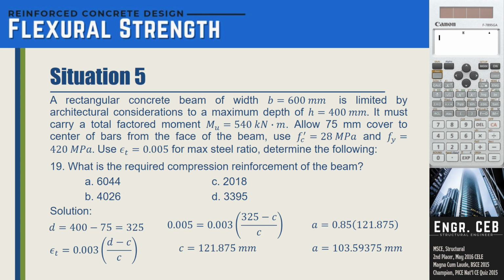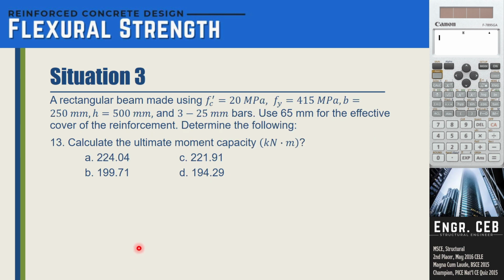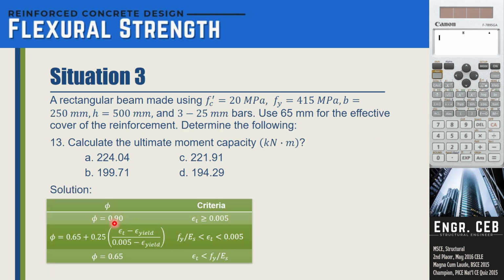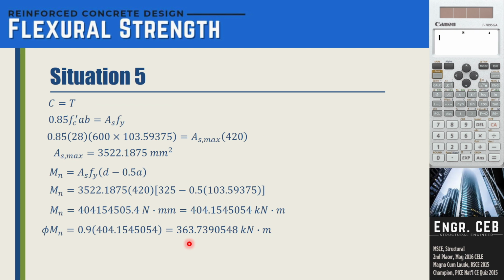Recall that if we have a strain of 0.005, the reduction factor is automatically 0.9. Therefore, the value of the moment capacity is 363.7390548 kilonewton meter.